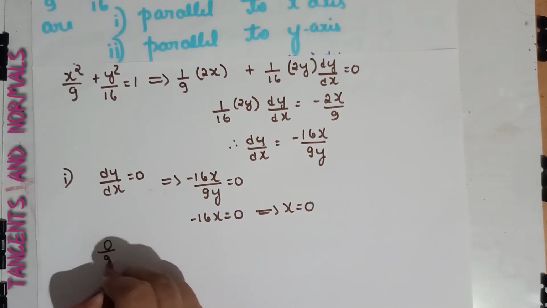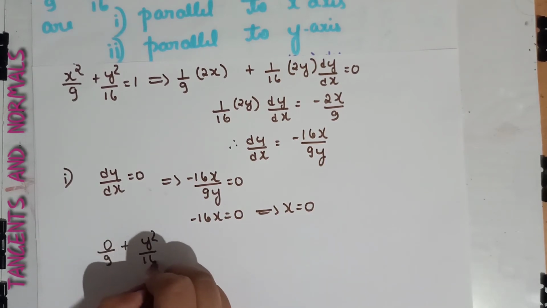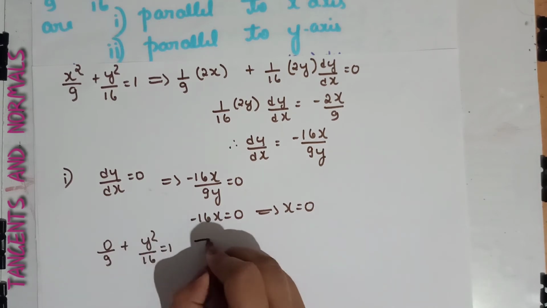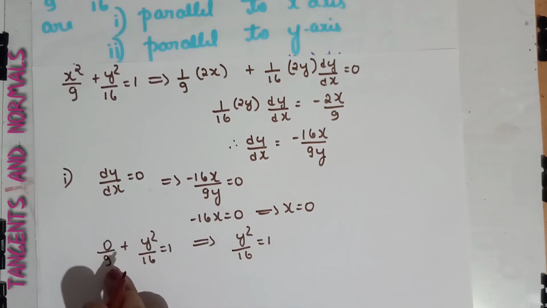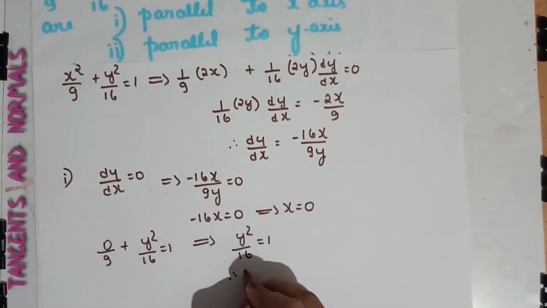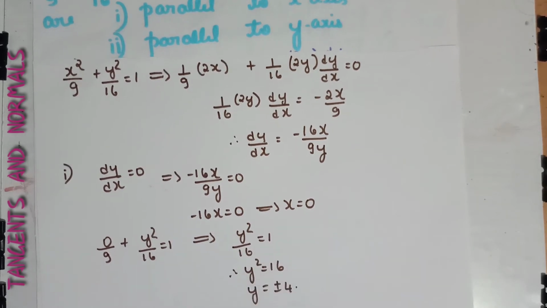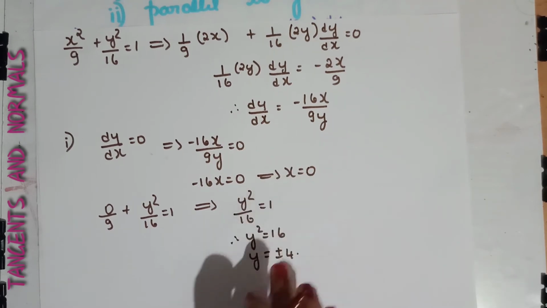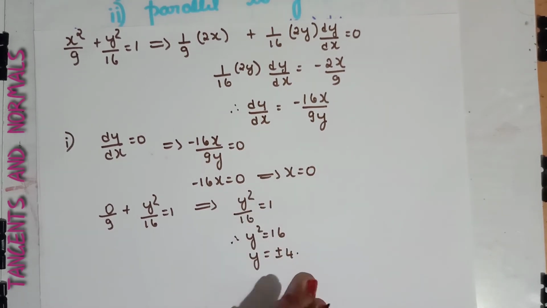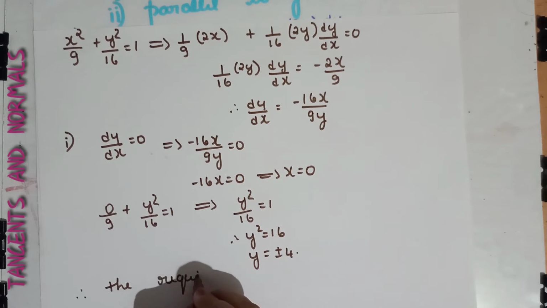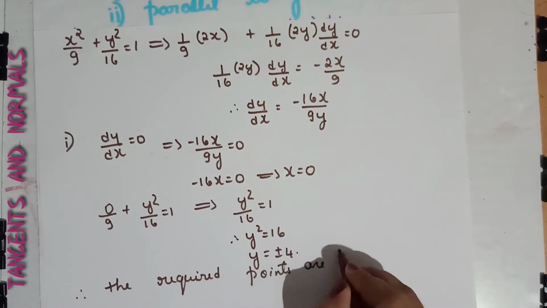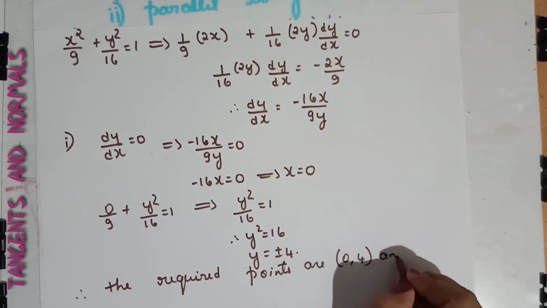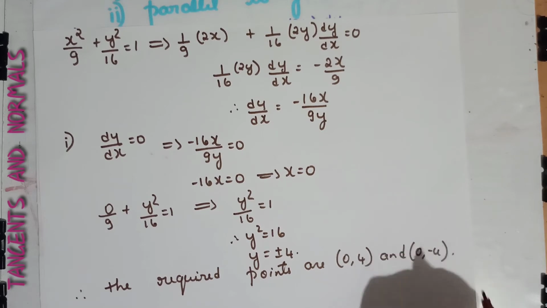So 0 by 9 plus y square by 16 is equal to 1, which implies y square by 16 is equal to 1, because 0 by 9 will be 0. Therefore, y square is equal to 16, y is equal to plus or minus 4. So when x is equal to 0, y is equal to plus or minus 4. Therefore, the required points are 0, 4 and 0, minus 4.